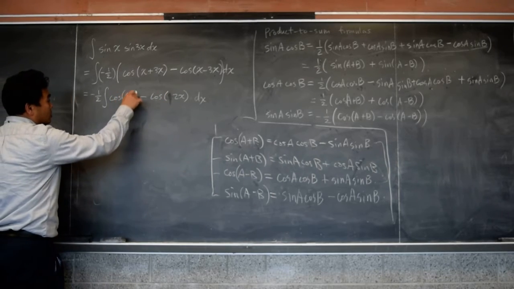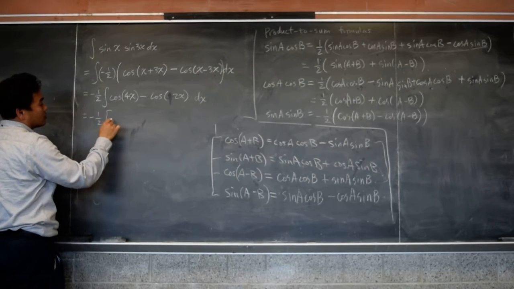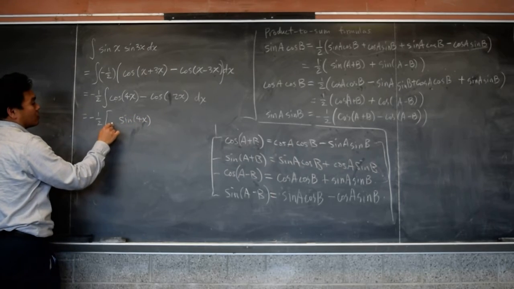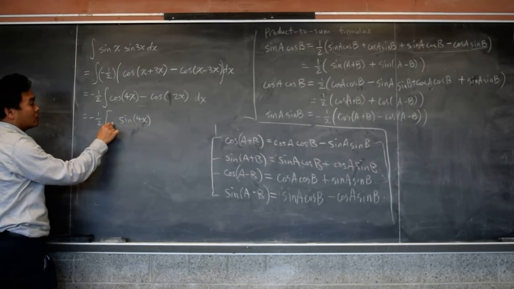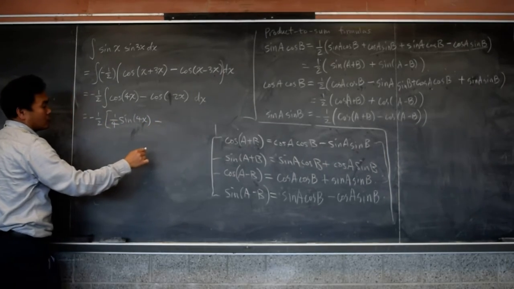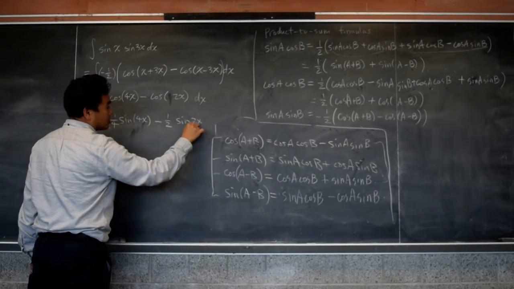Okay? All right, now you can integrate both of them. Cosine integrates to sine, positive sine, and you have to put 1/4. How about this one? 1/2 sine 2x.